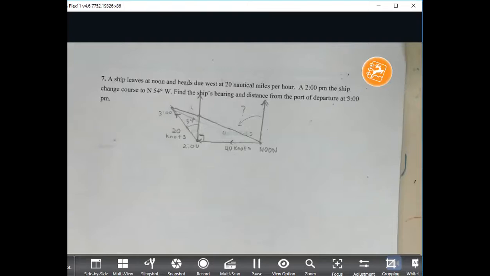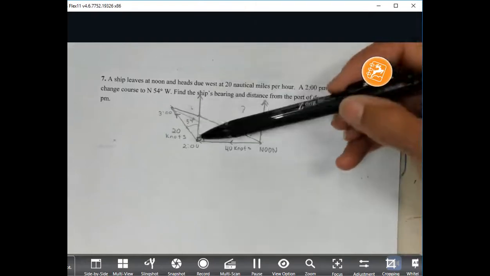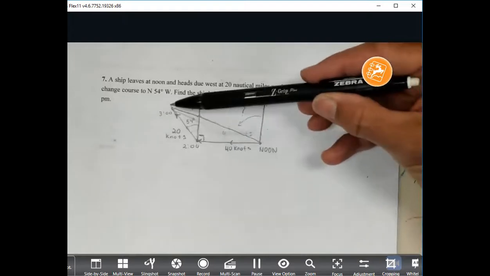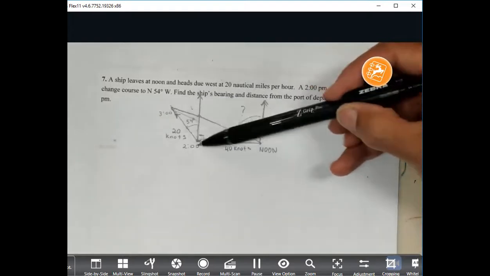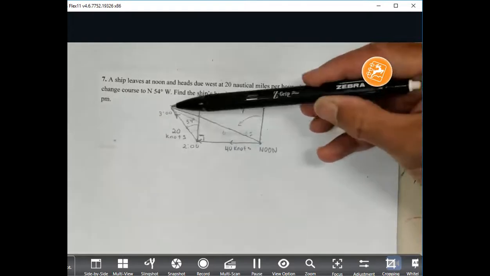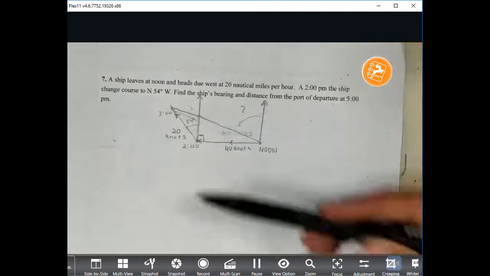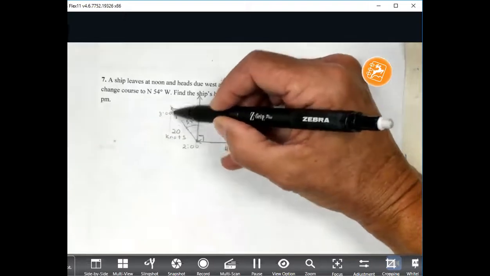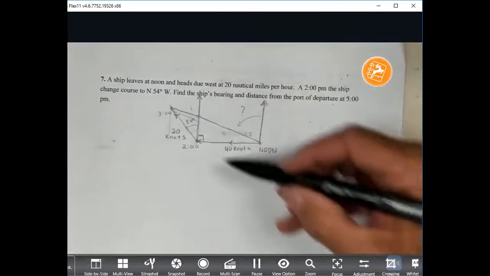So that's the second one. I don't know where you're talking. With the 20 knots, use the sine or cosine. Well, I don't know that that's a right triangle. Yeah, you can make one. How am I making it? Just make up lines. Can't you put a line from the point in the middle straight down?